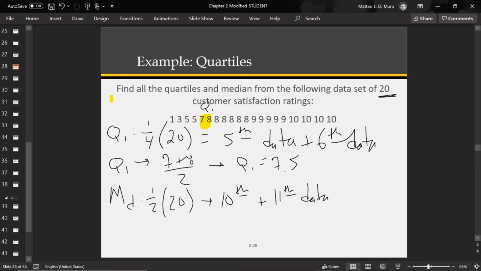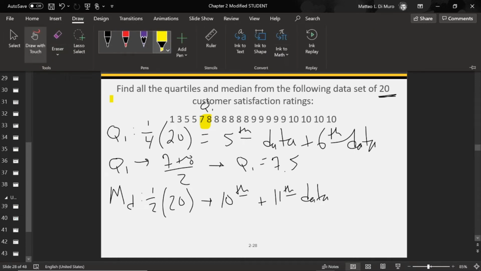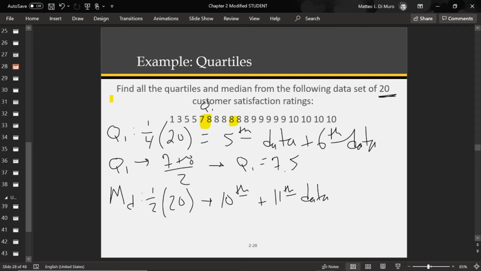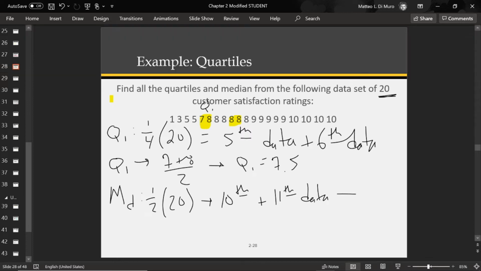Okay, so let's see if I can do this. So 8 is a 6, so then 7, 8, 9, 10. It's the 2 8s. It is specifically these 2 8s. There, that's the median. Okay, so 8 plus 8 divided by 2 is still going to be 8. So the median is 8.